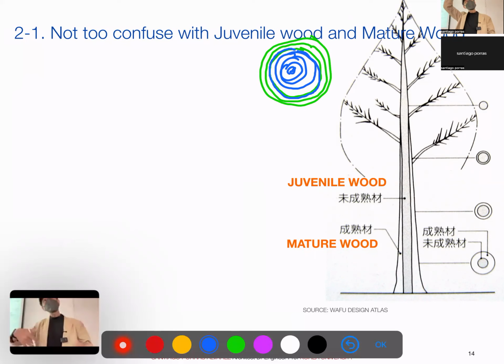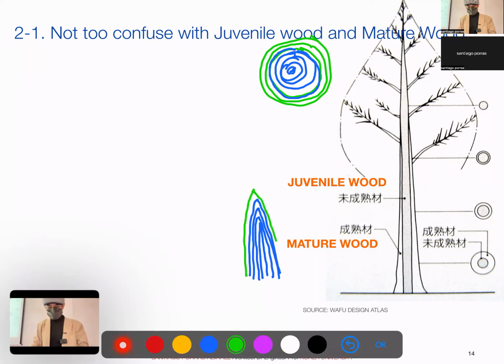But what happens in the longitudinal section? That's interesting, because trees grow like this. So the following year you will have kind of a sapwood going up, and then eventually this sapwood will become lignified.